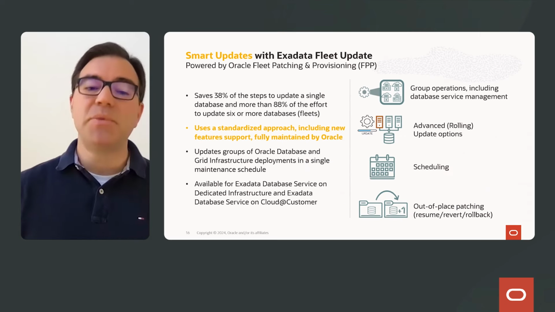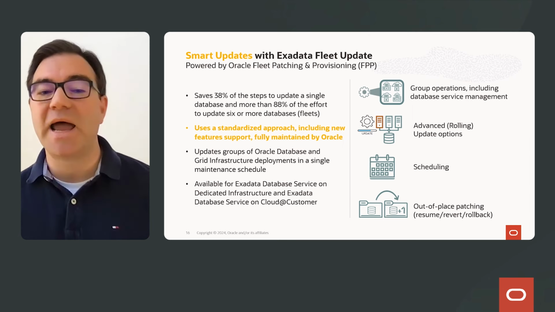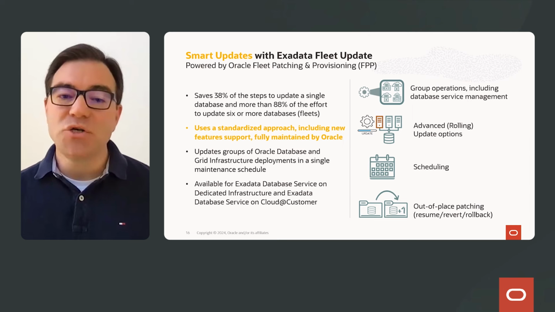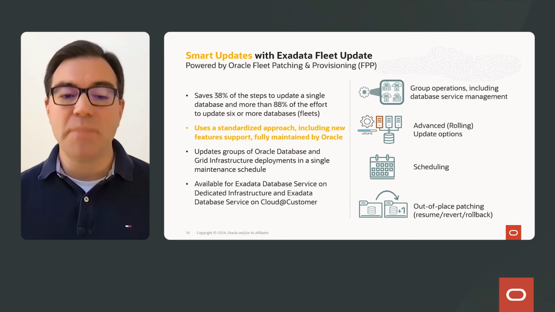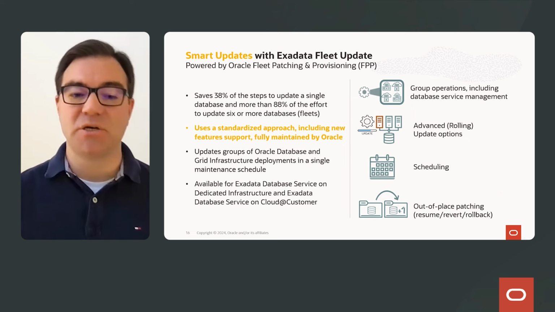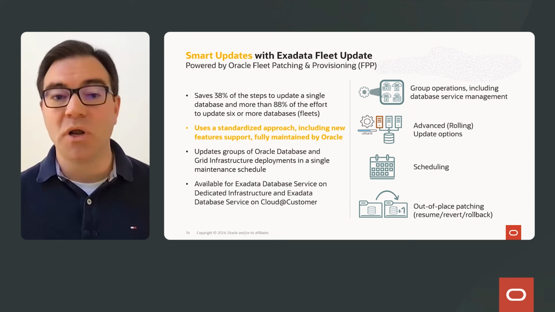And the same capabilities of FPP are now being provided to you via Exadata Fleet Update, which allows you to save 38% of the steps measured in the number of screens to update a single database, and more than 88% of the efforts to update 6 or more databases, which we therefore will call a fleet.